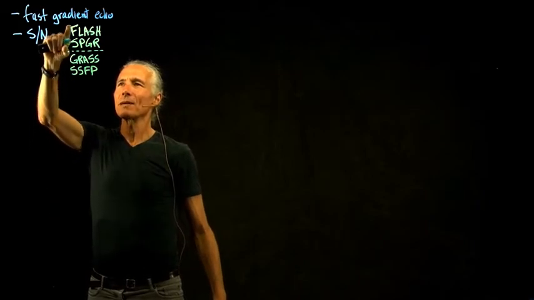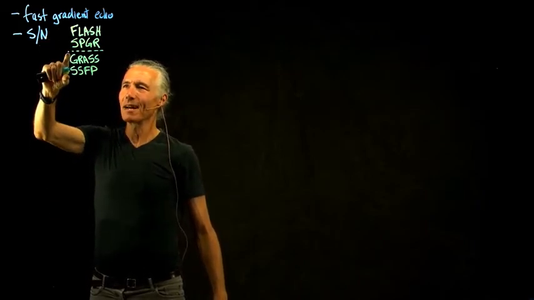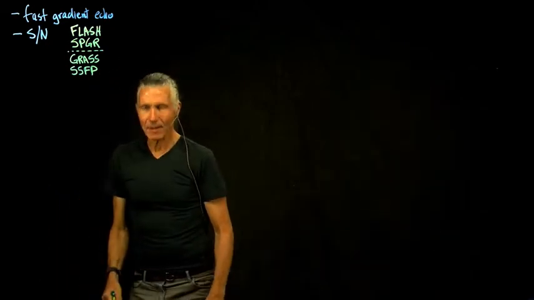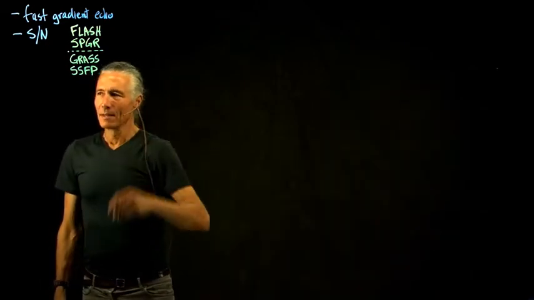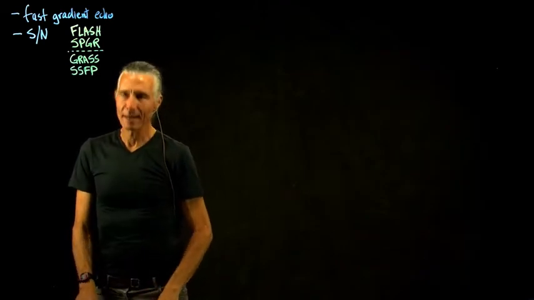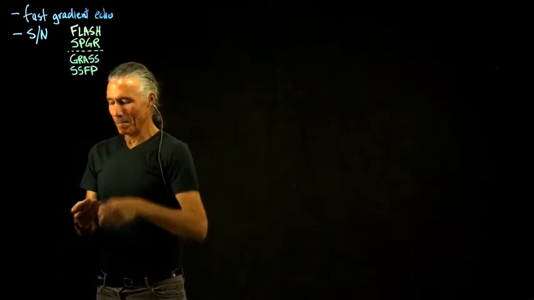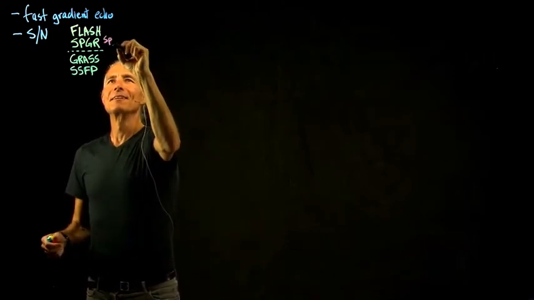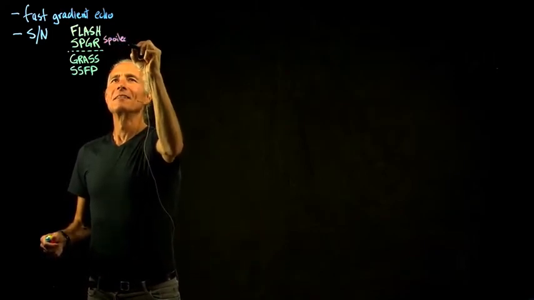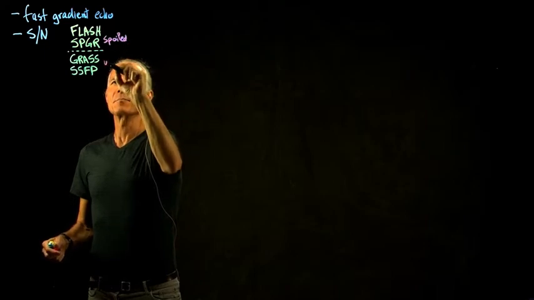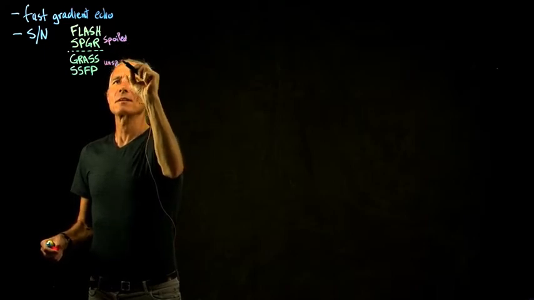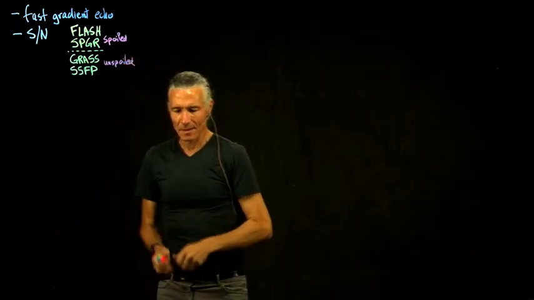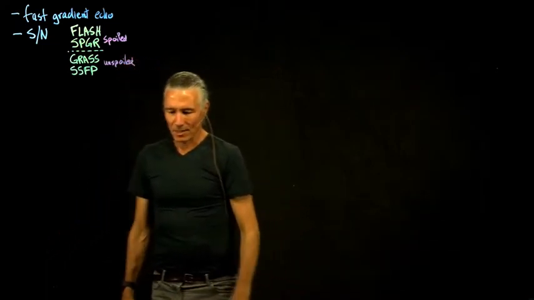And so there's basically spoiled versions and unspoiled versions. I'll talk about the SSFP a little bit later. The spoiled versions are one of the most common sequences that are used in MRI.